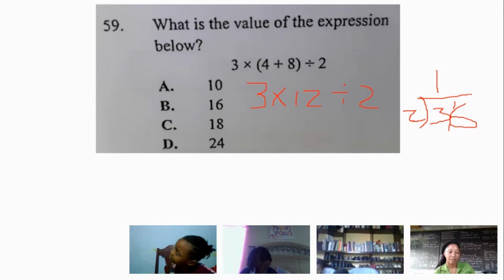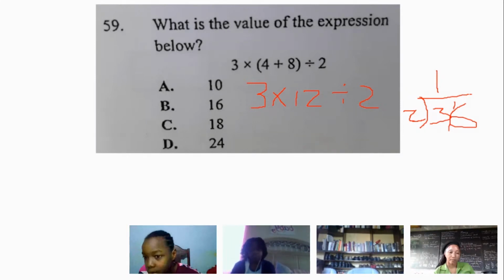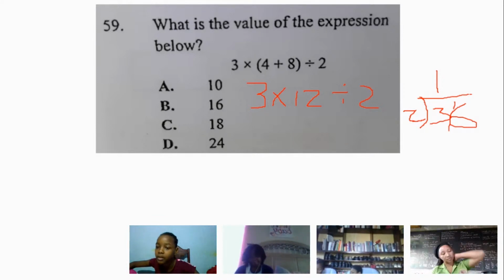I need 2 times what gives 16? 2, 3, 3, 6, 3, 9, 4, 4, 4. 4 times 4, miss. 2 times what gives 16?